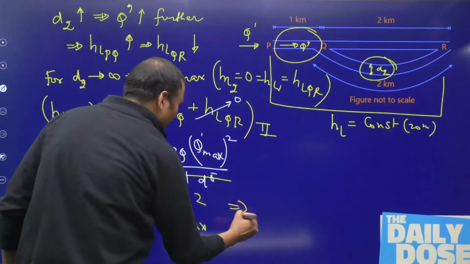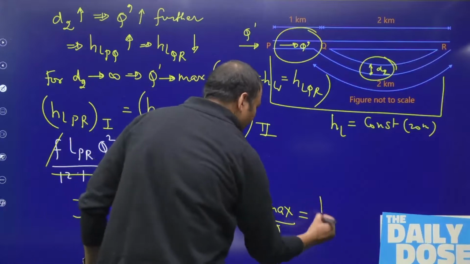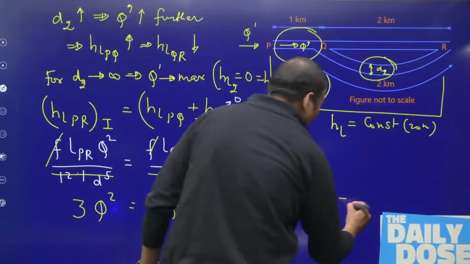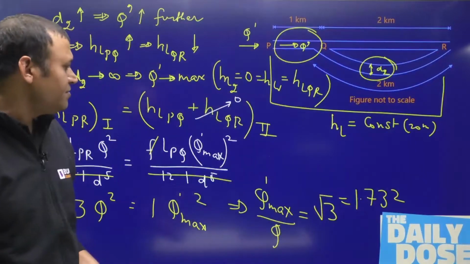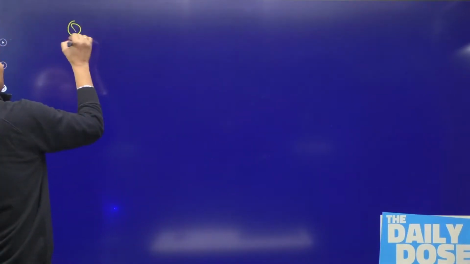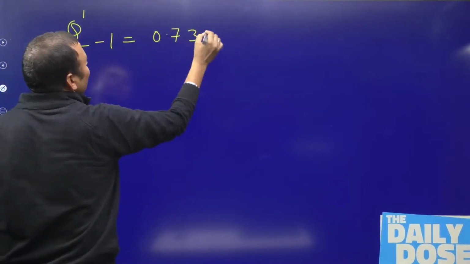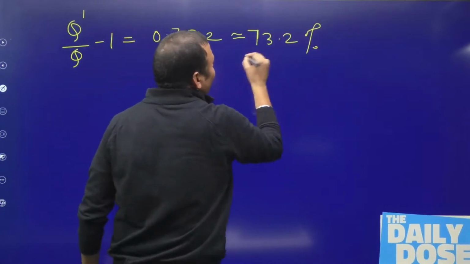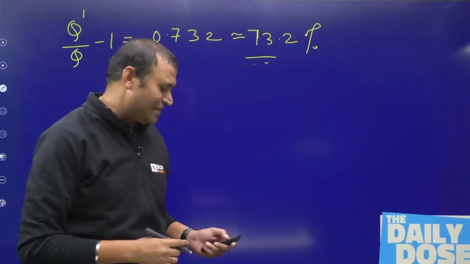What is Q dash maximum by Q? Isn't it root 3? Root 3 means 1.732. So Q dash by Q minus 1 is 0.732, or we can say 73.2% will be the maximum increase in discharge theoretically possible from this arrangement.